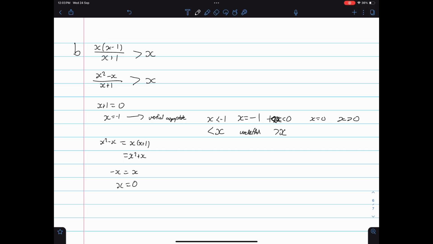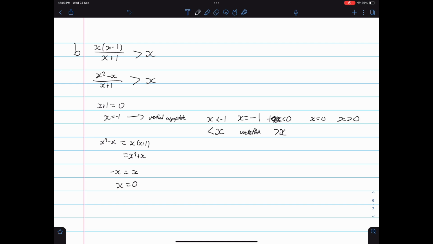Because you're between negative 1 and 0, when you add 1, it'll be slightly positive. It'll be a small decimal number, but it'll be positive. And then with positive on top, dividing by a decimal, you'll make it even bigger. So, of course, it's going to be greater than x.